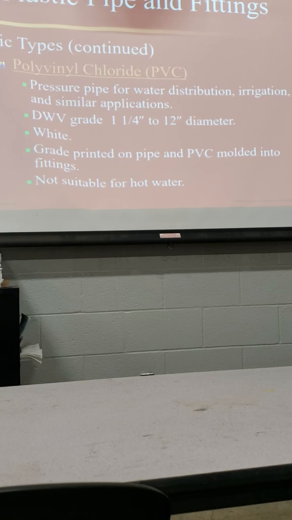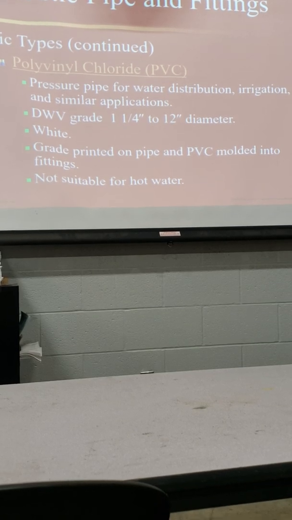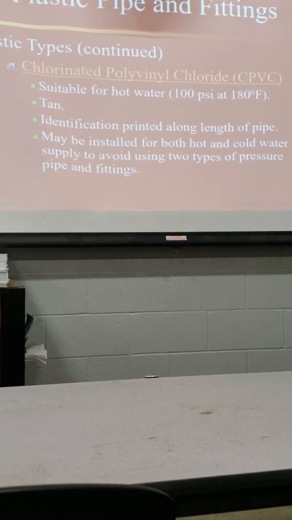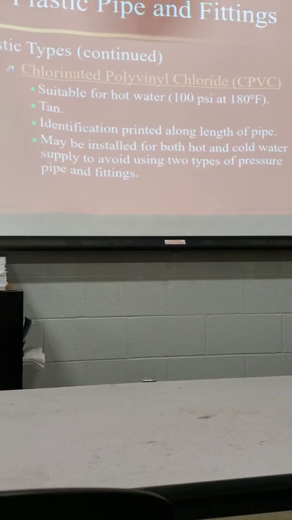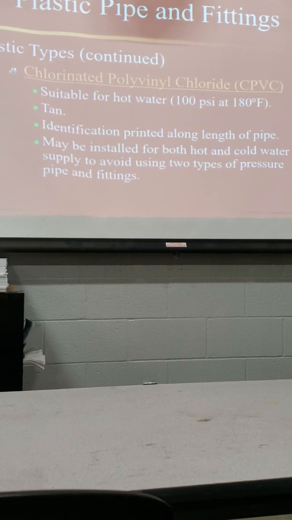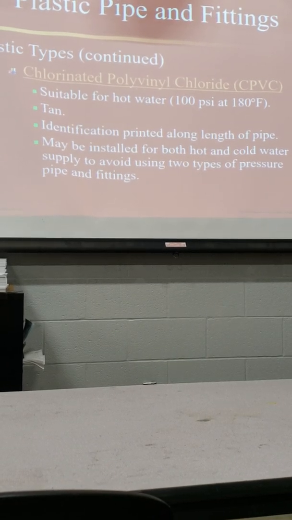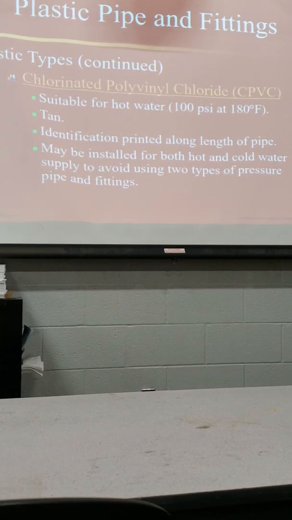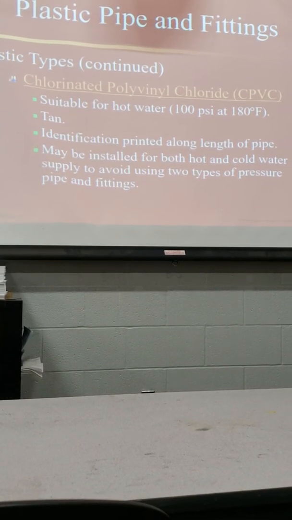When we get to the house, we branch off of that PVC to different materials. Alright, chlorinated polyvinyl chloride, or CPVC. That is suitable for hot water and cold. 100 PSI at 180 degrees Fahrenheit. It's kind of tan in color, or kind of cream.